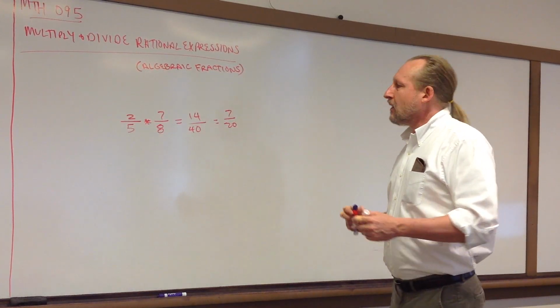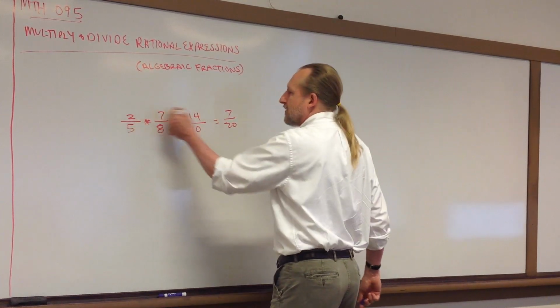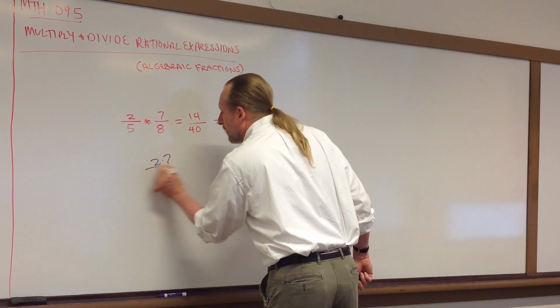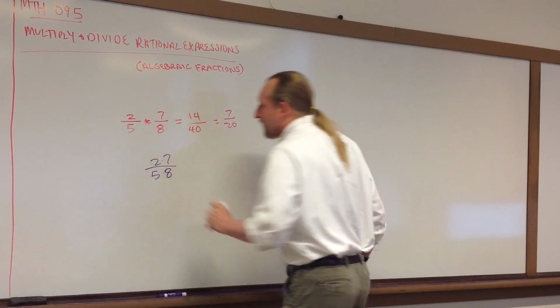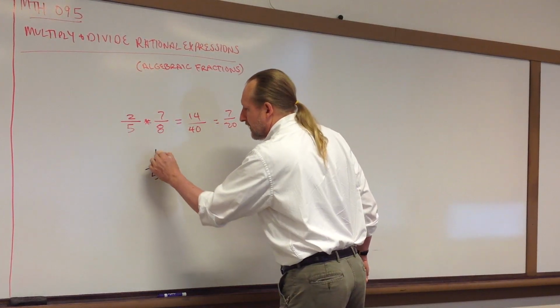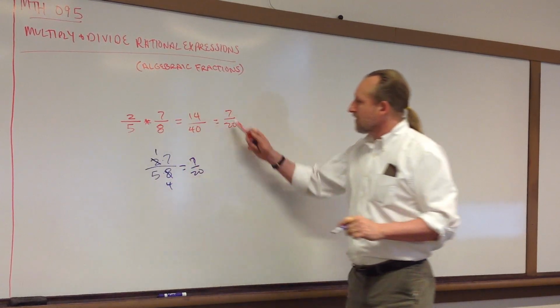Now frequently, what people do when multiplying fractions is rather than multiply first and then reduce, if we just multiply without getting our final answers, you can see the 2 on the top can cancel with the 8 on the bottom, and there's our 7/20, okay?